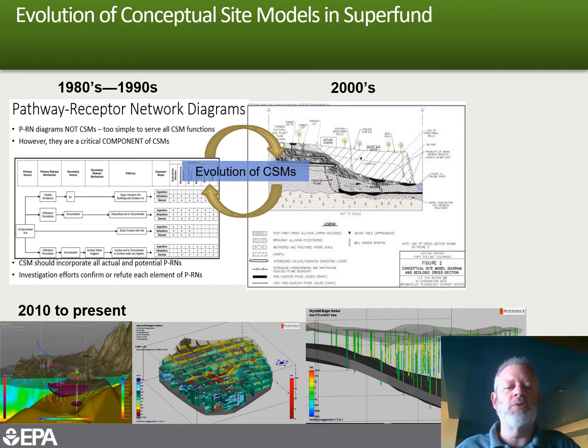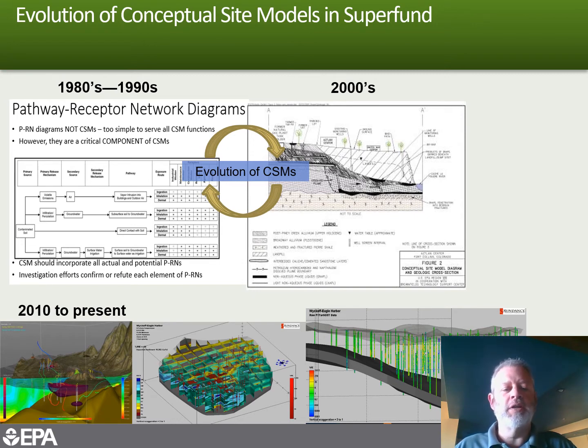And then as we move into 2010, computing power has gone up many orders of magnitude over any other technology. So our visualization and our modeling tools have also significantly improved, and since about the 2010 timeframe, we've been using those types of tools.